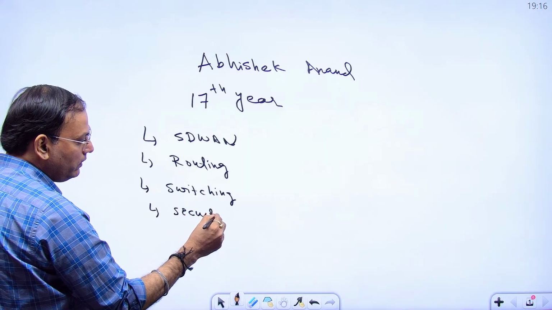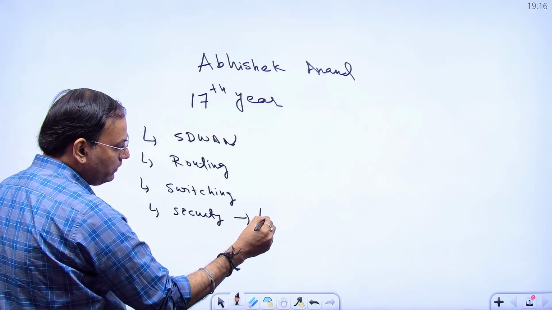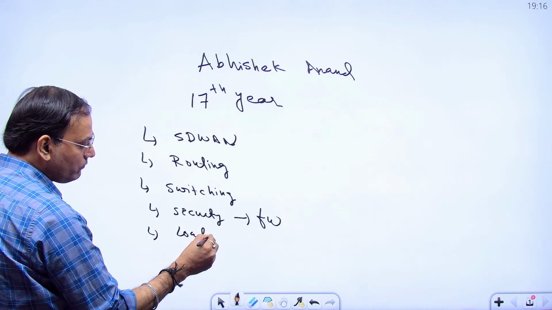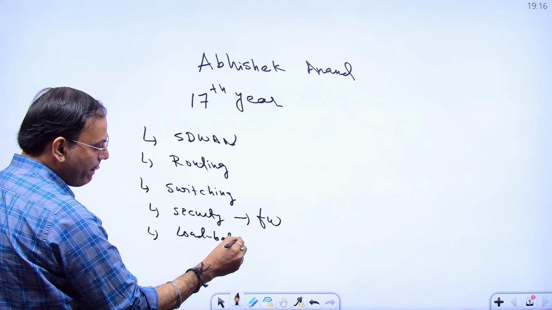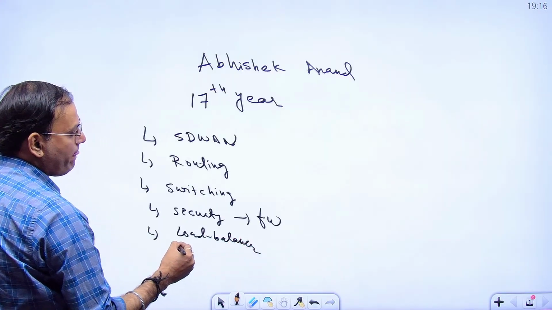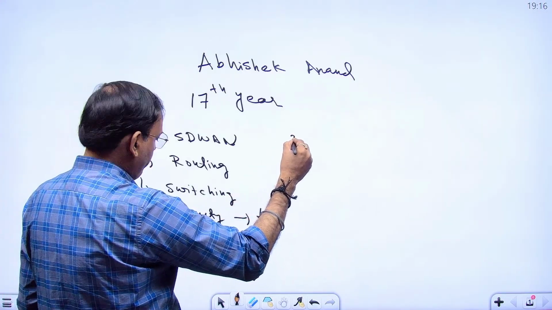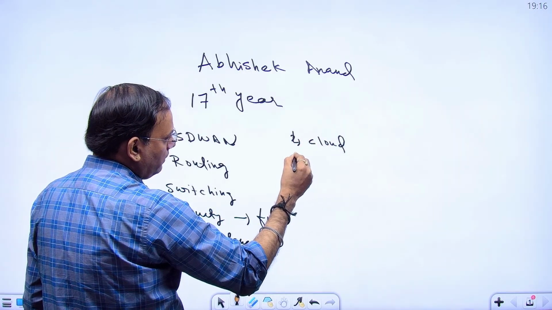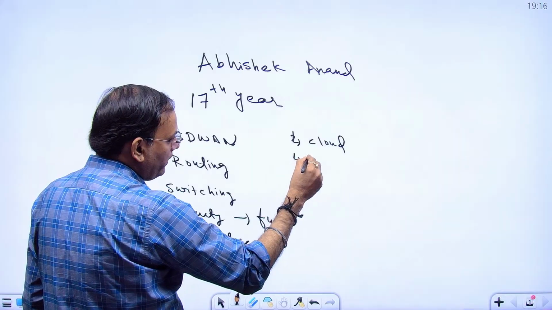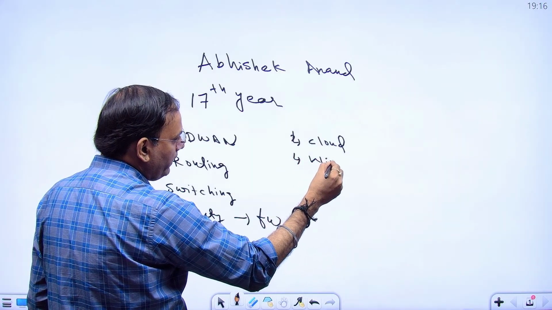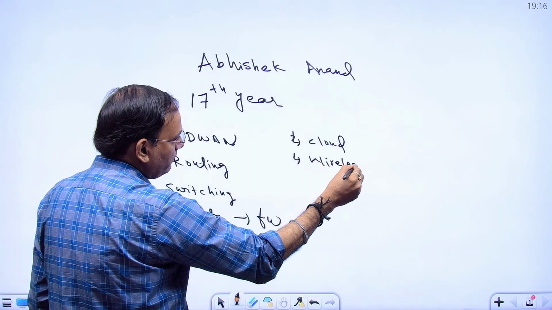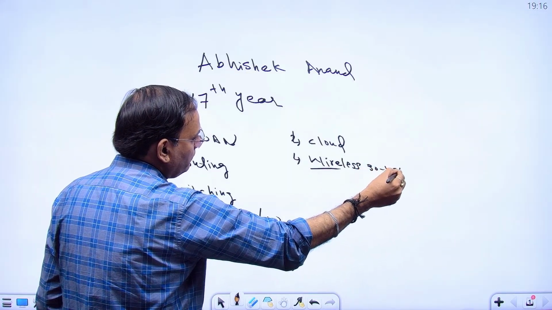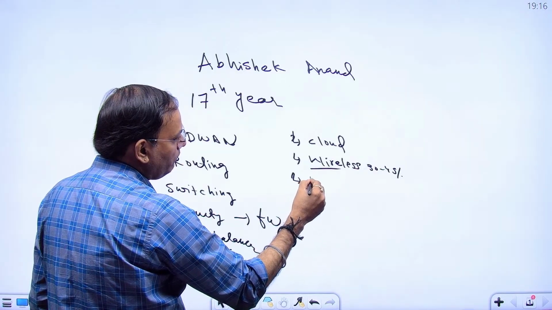Security means firewall, load balancer, cloud, wireless, not in detail in wireless, but you can say 30 to 40%, not more, and basics of automation.